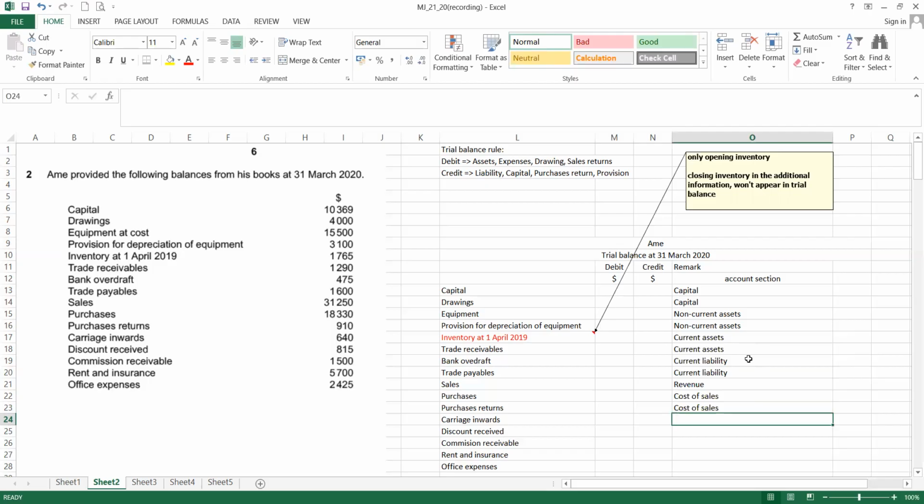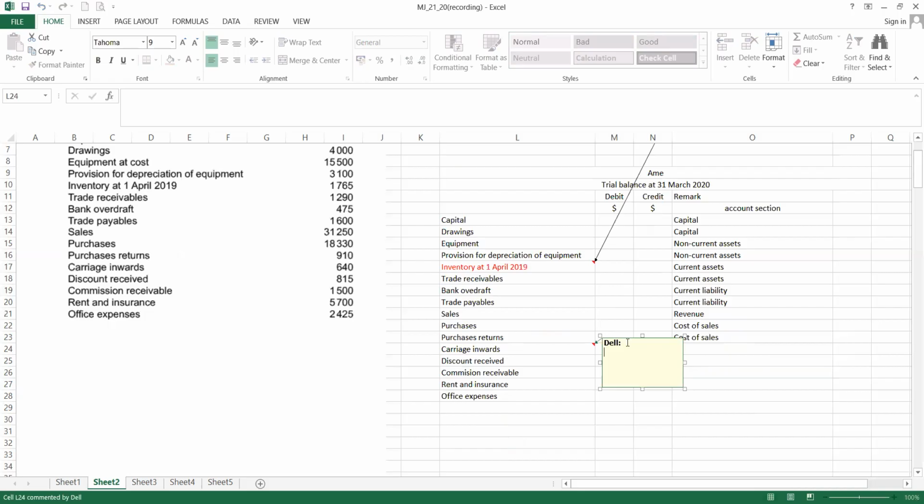Carriage inward. Okay, what's the difference between carriage inward and carriage outward? Carriage inward is under cost of sales. Carriage outward is under expenses.